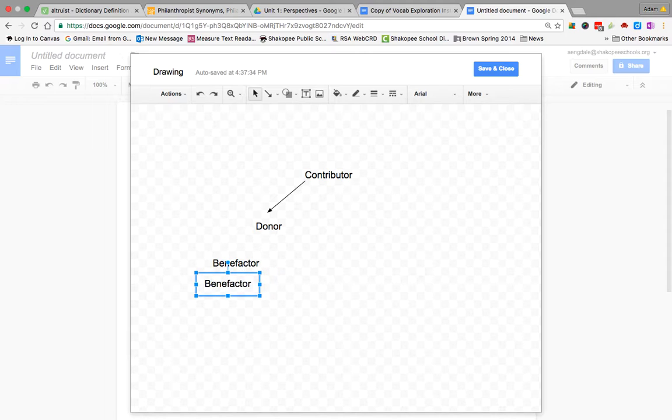Okay, there we go. Try to get these in a line. There's my philanthropist. That's got to be on there. I'm going to take my little arrow. Take my little arrow again.